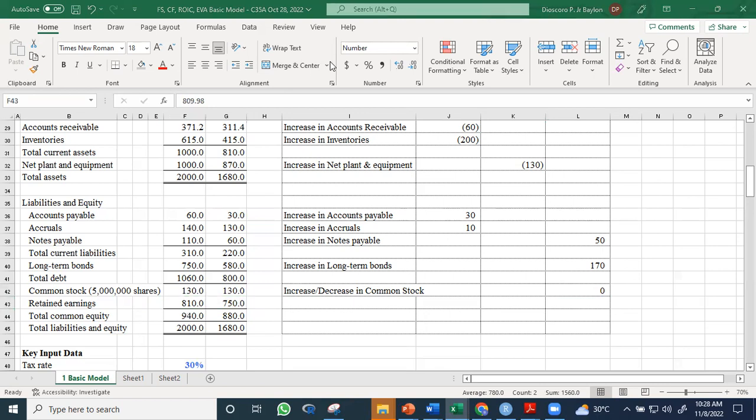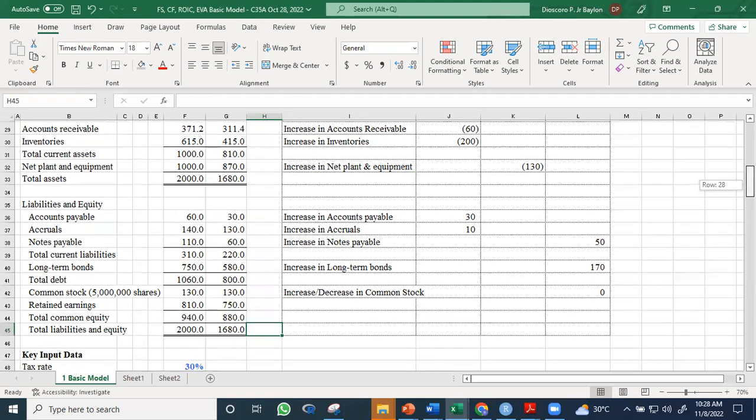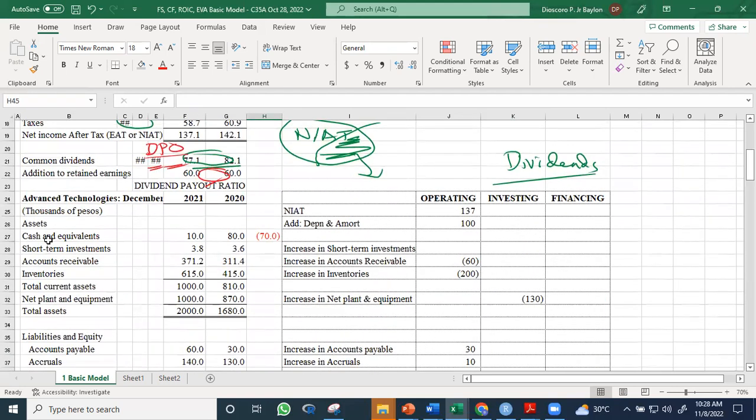So that's about it. And I think there's another one here. Increase in short-term investments. We haven't filled this up. We said that this will fall under investing. Since it increased, it means that the company bought treasury bills or a short-term investment.